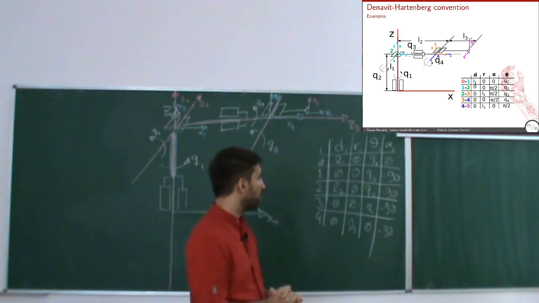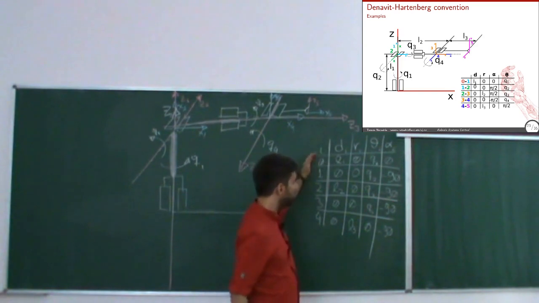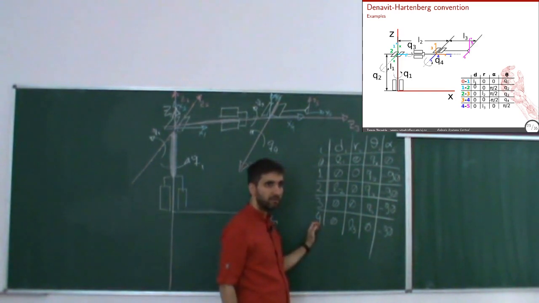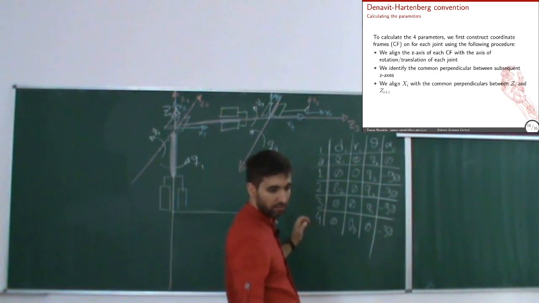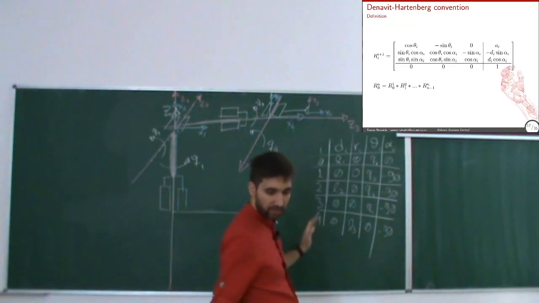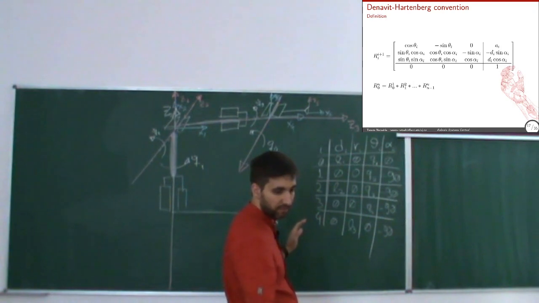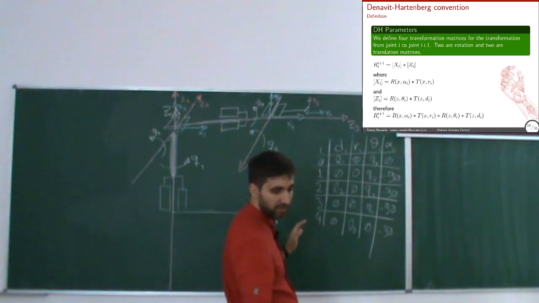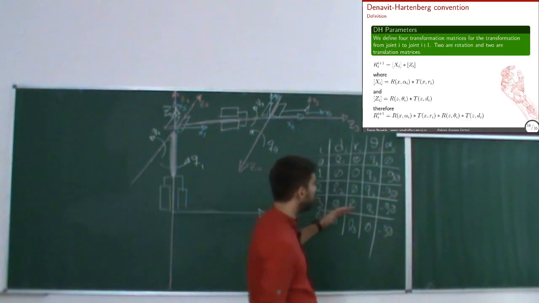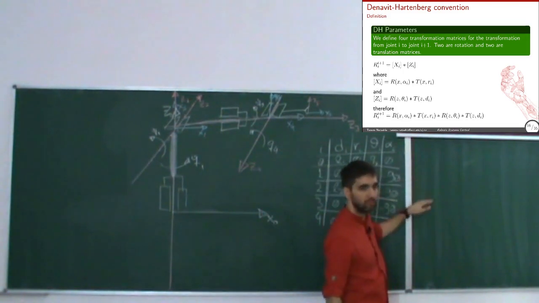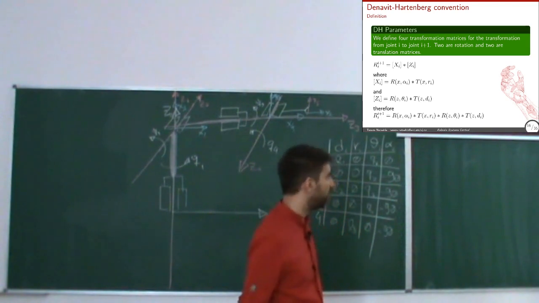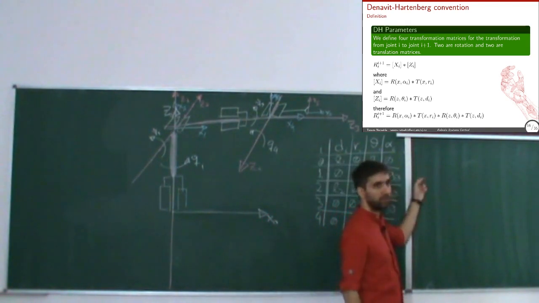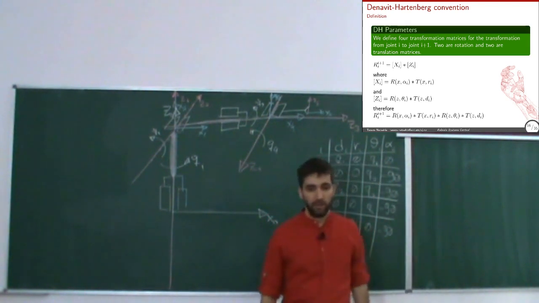Now, how do I get a direct geometric model from this? We write the transformation. So I write this thing for each row. I calculate the transformation from 0 to 1, from 1 to 2, from 2 to 3, and so on.